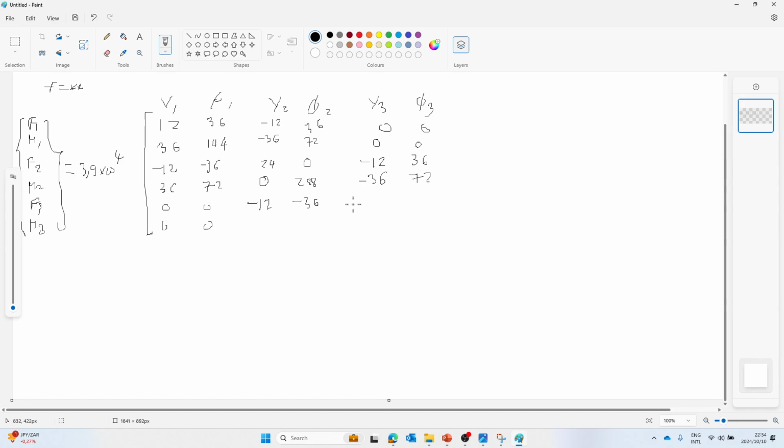Minus 36. 12. Then minus 36. Then you have 36, this side here. 72. Minus 36. 144.